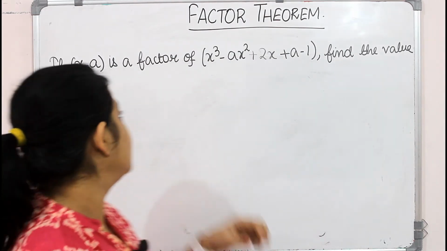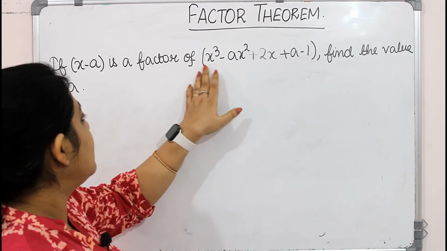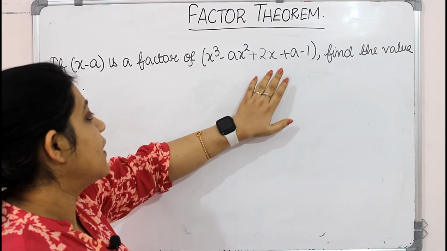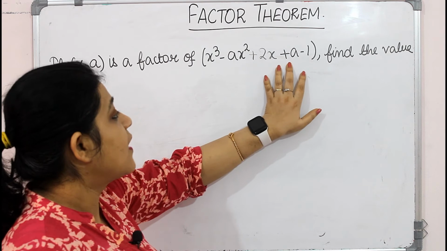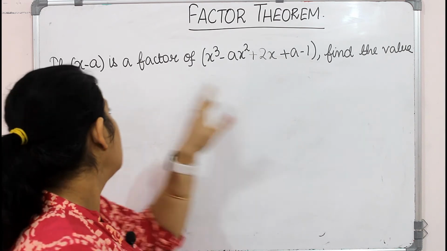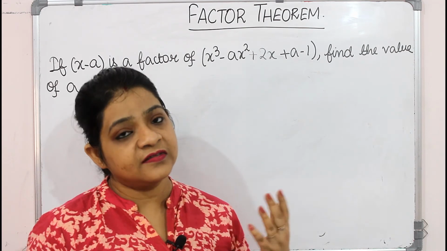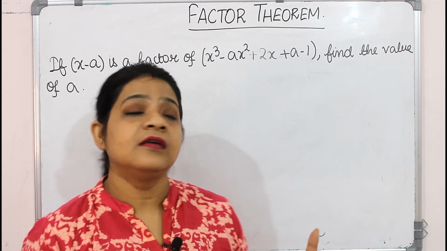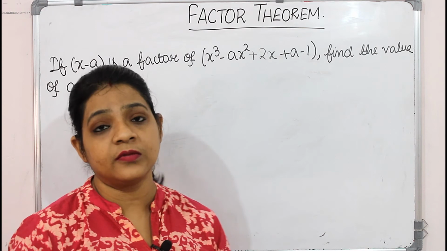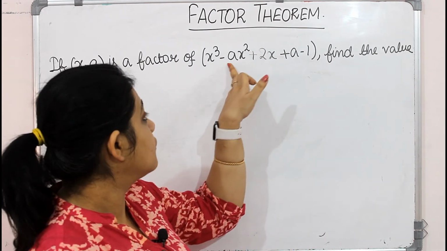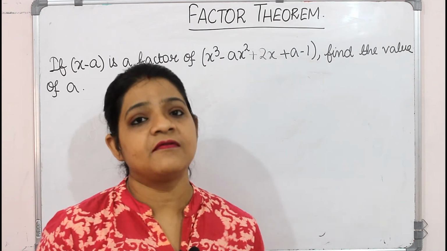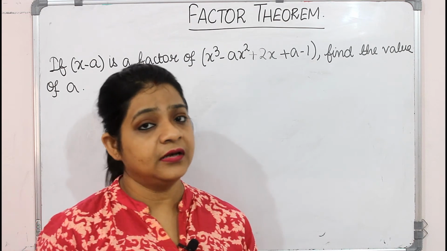The third sum is: if x minus a is a factor of x cube minus ax square plus twice x plus a minus 1, find the value of a. It is already given that x minus a is a factor of this polynomial, so you have to find the unknown value, that is the coefficient a.